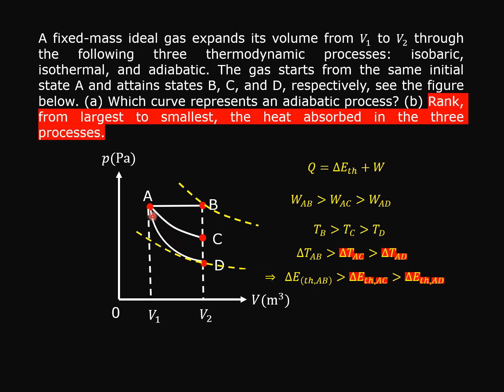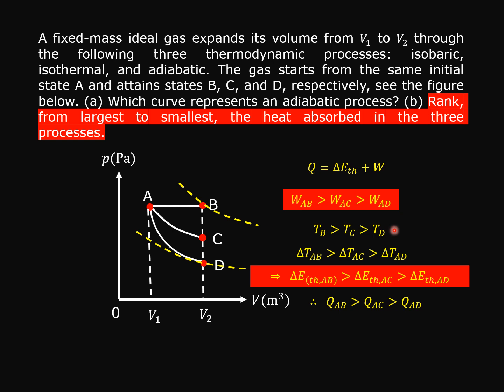And since there is a temperature drop from A to D, delta T for AD is a negative value. Therefore, the internal energy change for process AD is also a negative value, meaning that the internal energy of D is smaller than the internal energy of state A.